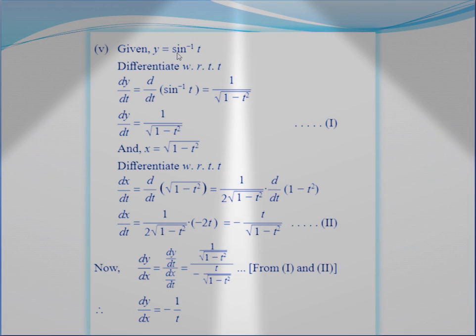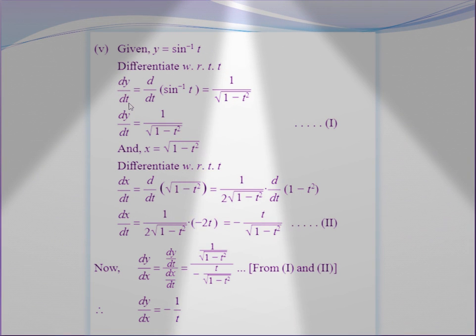Answer for example number 5. Here also we have to consider the given equations. Our first equation is y is equal to sin inverse of t. Now differentiate this equation with respect to t. Therefore, the derivative of y is dy upon dt equal to d by dt of sine inverse of t.